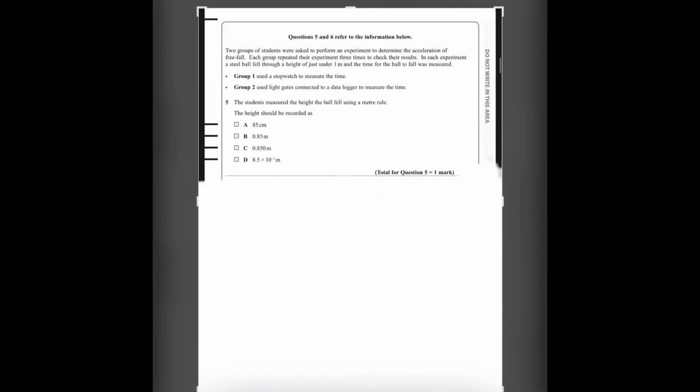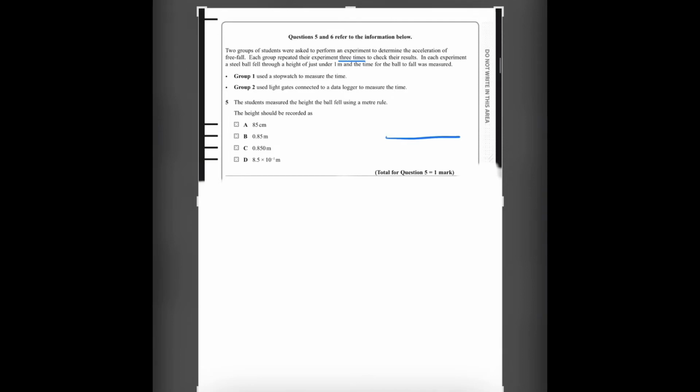Number 5 and 6. So two groups of students were asked to perform an experiment to determine the acceleration of free fall. Each group repeated their experiments 3 times to check the results. In each experiment, a steel ball fell through a height of just 1 meter, and the time for the ball to fall was measured.